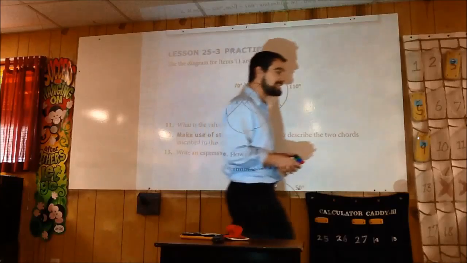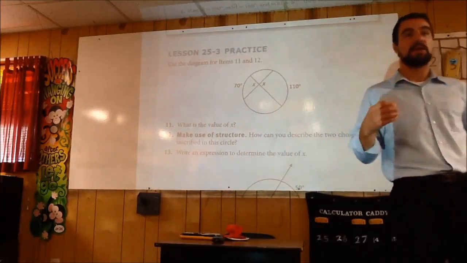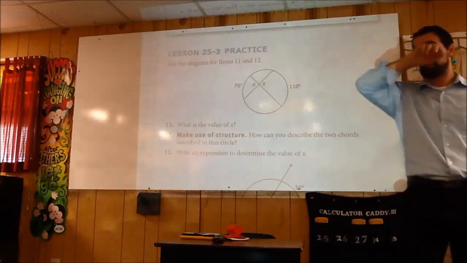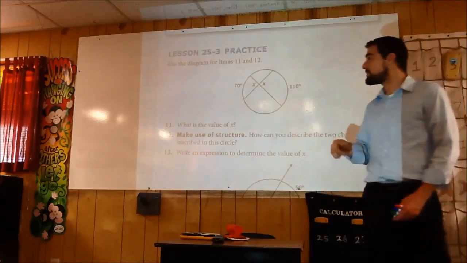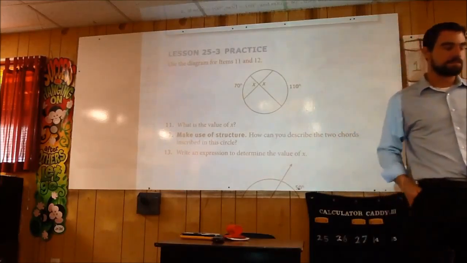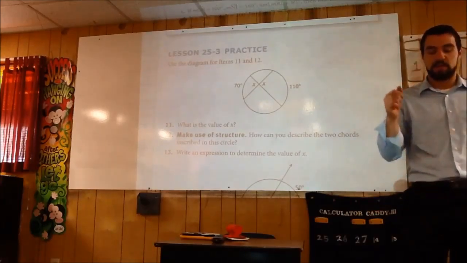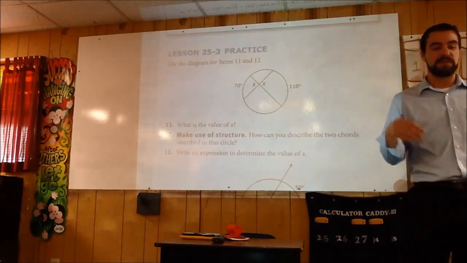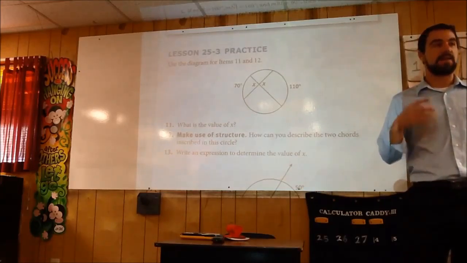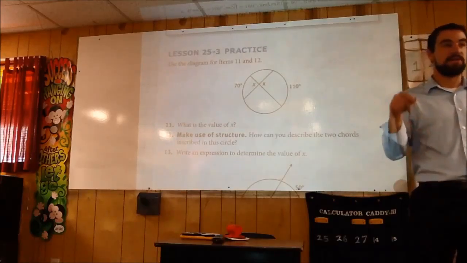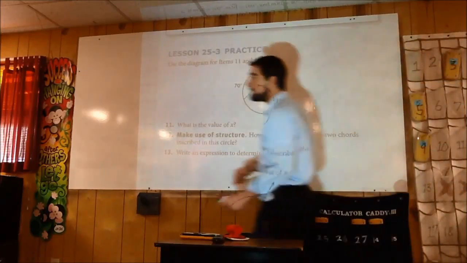So if that's the case, what is the relationship between the angle whose vertex is in the circle and the intercepted arcs? Okay, one more time. What is the relationship between an angle whose vertex is in the circle and the intercepted arcs? 1/2 the sum. 1/2 the sum.